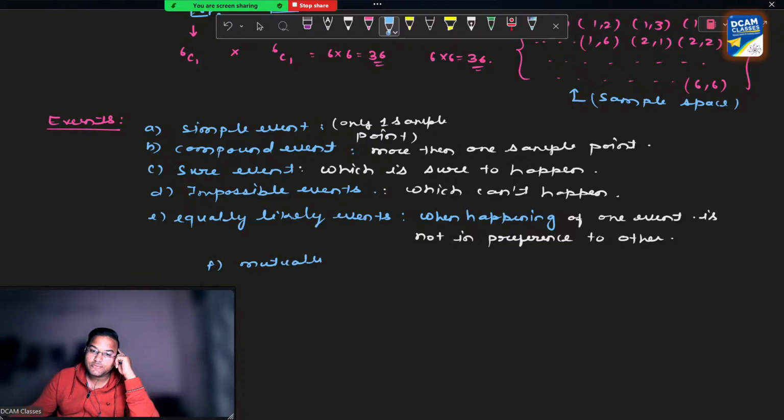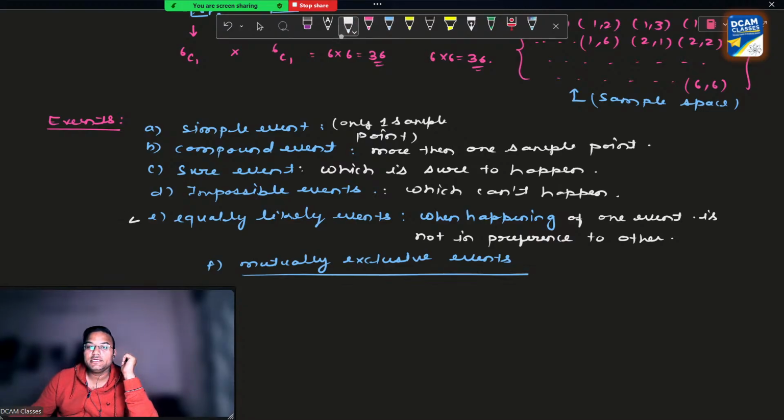Mutually exclusive. See, these definitions are actually important because they will be helpful in solving problems.